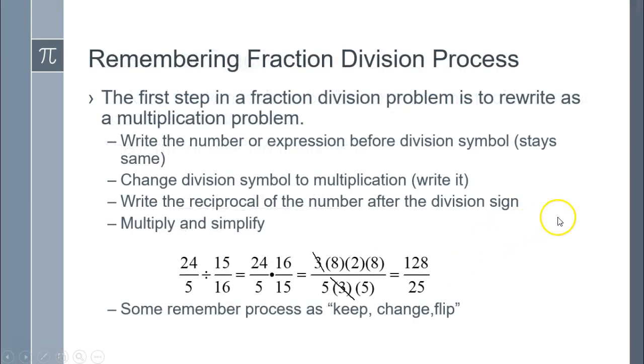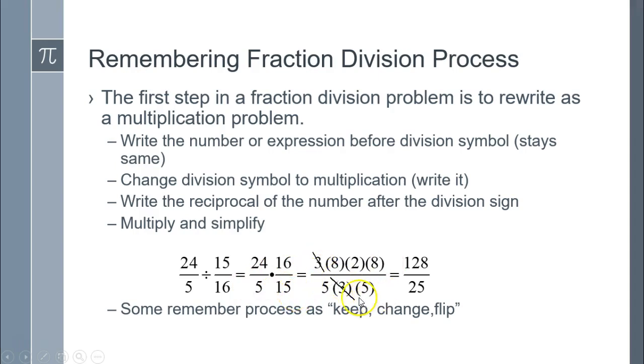So again, here is an example similar to what we started with, the numerical example in multiplying. 24/5 divided by 15/16. Last time I think we multiplied. So I keep the 24/5 as it is. I change the division to multiplication, and I write the reciprocal of 15/16, which means I put the 16 on the top and the 15 on the bottom.